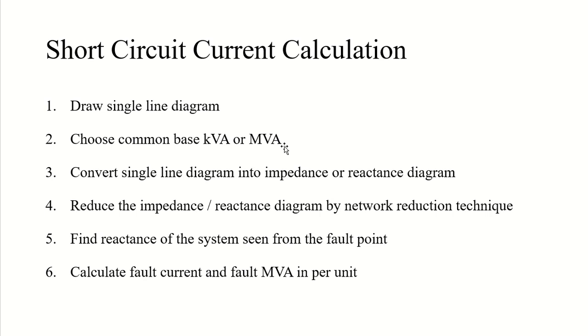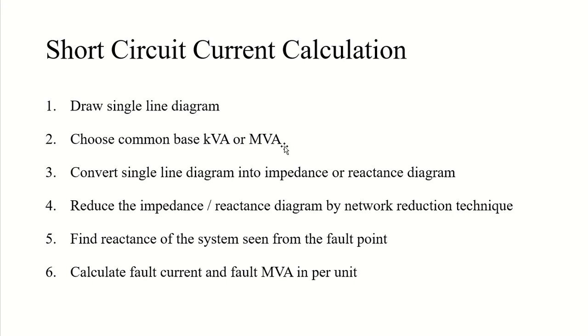And precise calculation is not required, because circuit breakers are manufactured in standard sizes. Whether you take an air circuit breaker or vacuum circuit breaker, you will have it in standard size. Like you will find circuit breakers of 250 MVA, 500 MVA, 750 MVA, 1000 MVA.